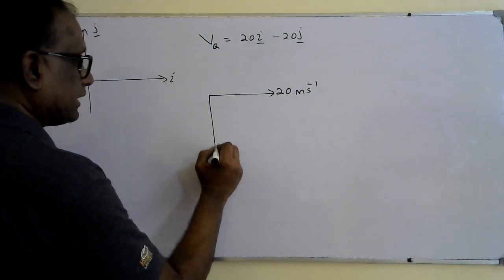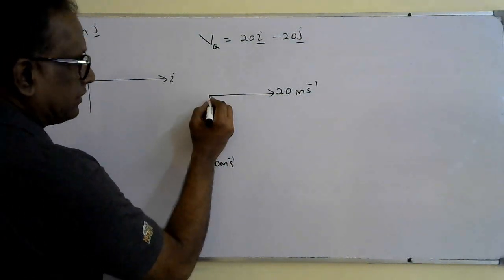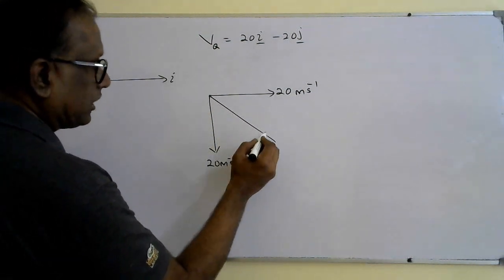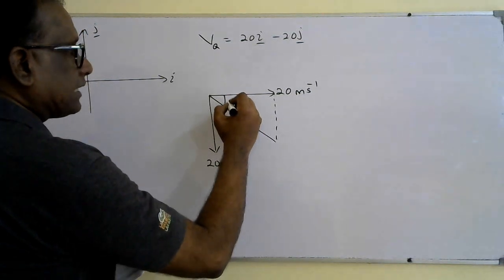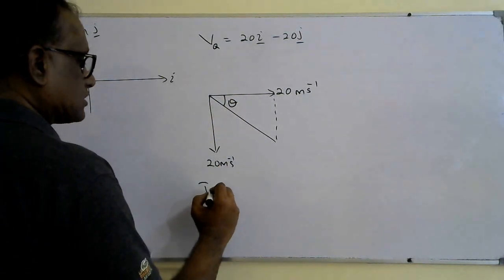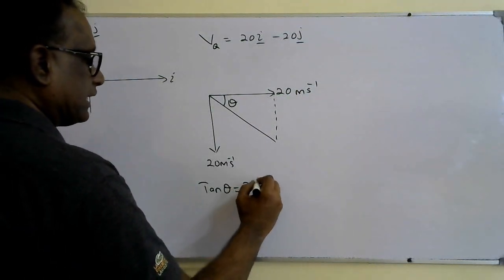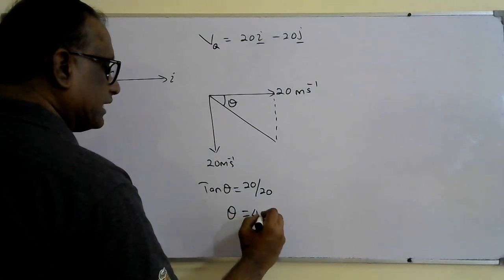This is 20 meters per second. Both components are the same, so the resultant velocity will bisect, and tan theta is opposite over adjacent, 20 over 20. So theta will be 45 degrees.